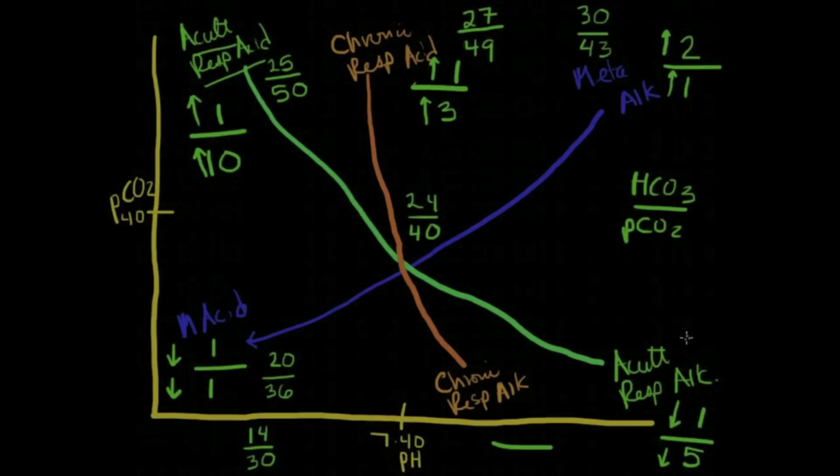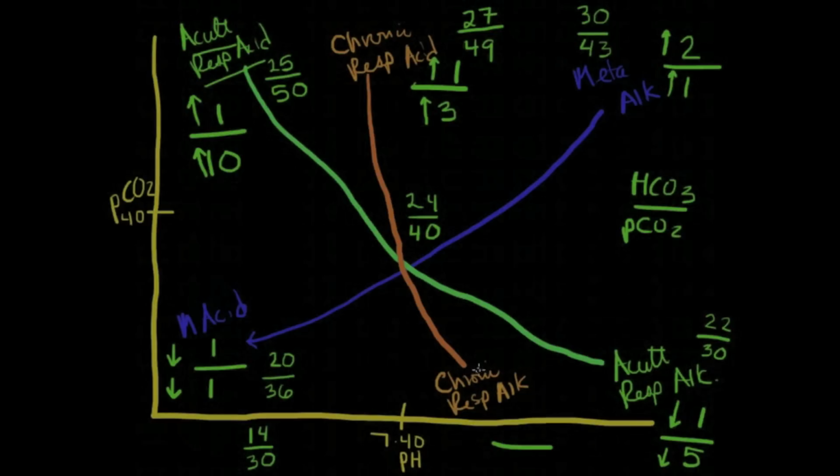And so let's look here. Let's say that a good example would be that the PCO2 dropped to 30. Okay, that would mean that the bicarb would drop down to 22. Okay, if you're doing your math right.